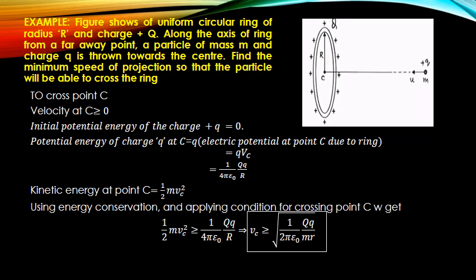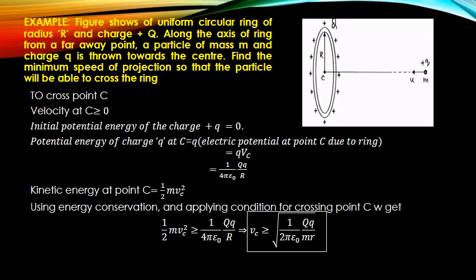Now, as the charged particle reaches the center of the ring, the potential energy of charge q at point C is equal to q multiplied by electric potential at point C due to the ring, equal to q into Vc, where Vc is the electrostatic potential at the center of the ring due to the ring. This reduces down to 1 by 4 pi epsilon 0 into capital Q multiplied by small q divided by capital R. Kinetic energy at point C is given by half m into v square.